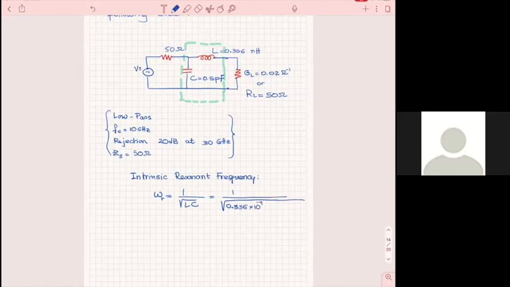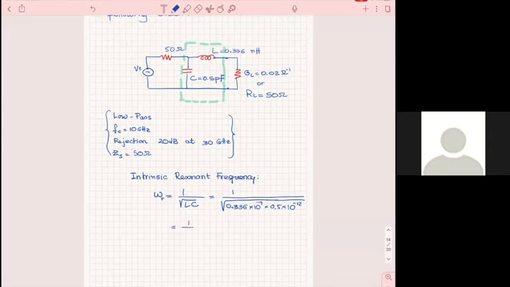How much is the capacitance? Times 0.5, and then times 2 minus nano, and then pico. How much is this?